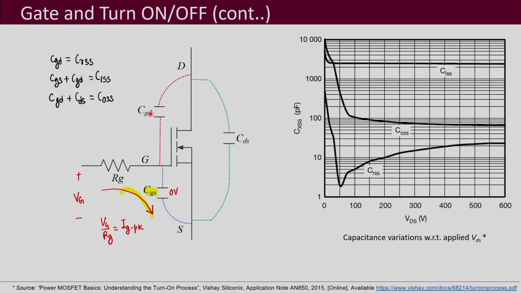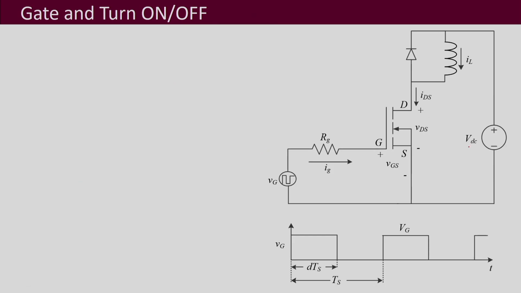this CGD was initially blocking, or was charged to the voltage of VDS, whatever was the blocking voltage. That means if your MOSFET was blocking plus minus VDC, as we see here, this is that VDC which it has to block when it is off.